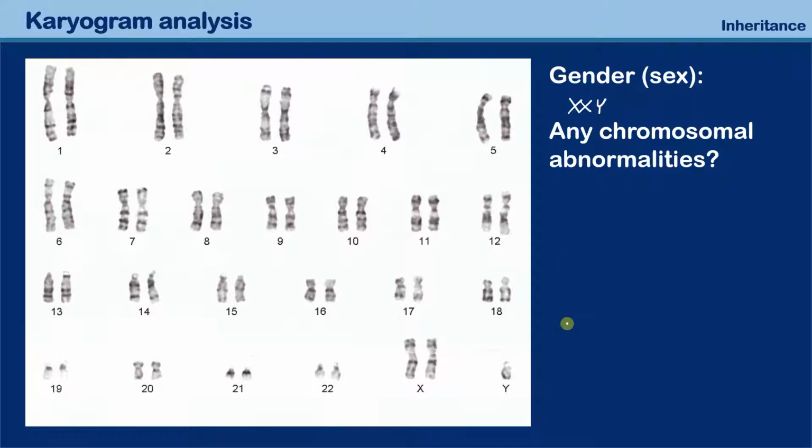There's one chromosome too much. And this person is actually a male because of the presence of the Y chromosome. And yes, this is a chromosomal abnormality. It's called Klinefelter syndrome. There are a certain percentage of the population who have this, and simply speaking, there is one chromosome too much.